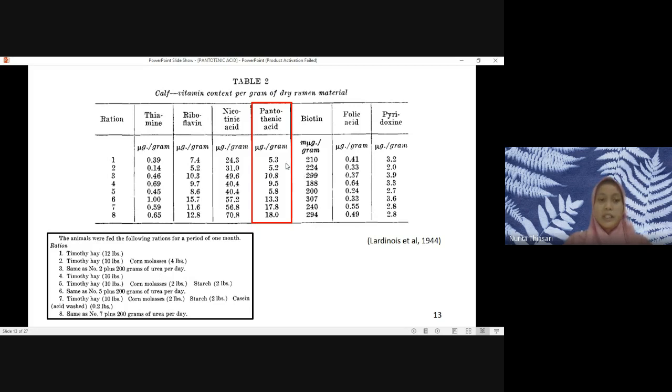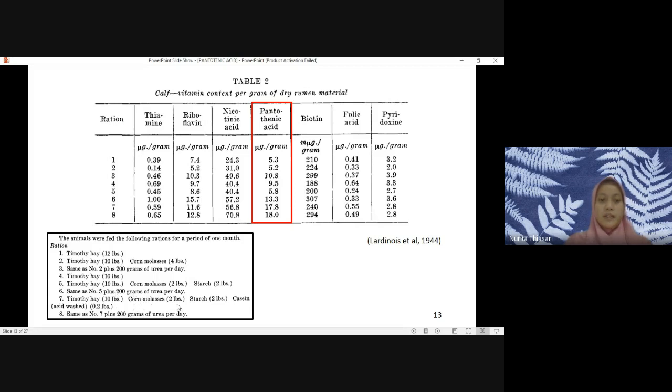We can see from the result of the experiment that the addition of urea in the feed, in the diet or in the ration, gives a higher concentration of pantothenic acid for ration number 3 and then 6 until 7.